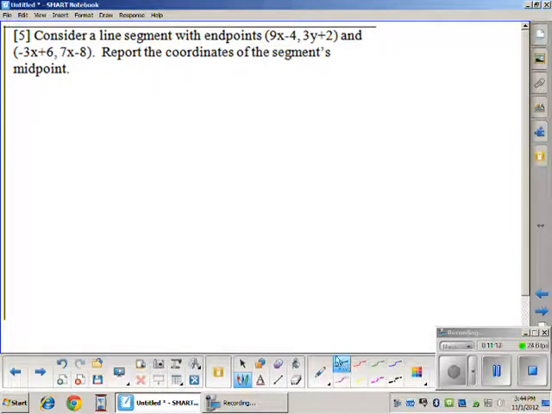If I can represent the endpoint coordinates variably, I can report the midpoint's coordinates variably as well. In fact, the rules don't even change. We're going to start right here with the midpoint formula, where I have the x value of the midpoint, the y value of the midpoint being equal to the average of the x's and the average of the y's.